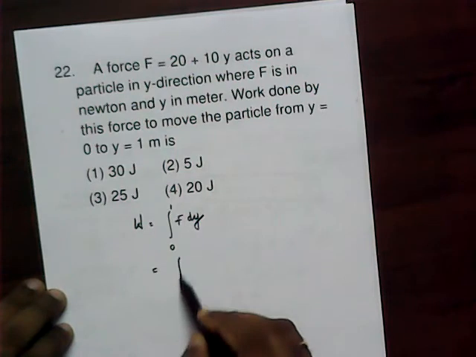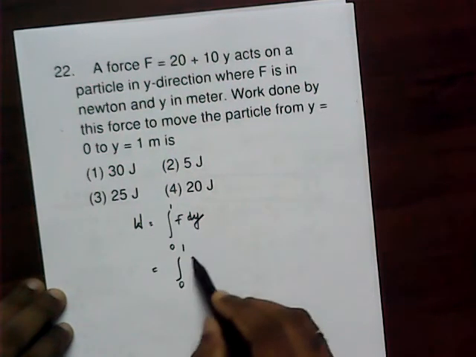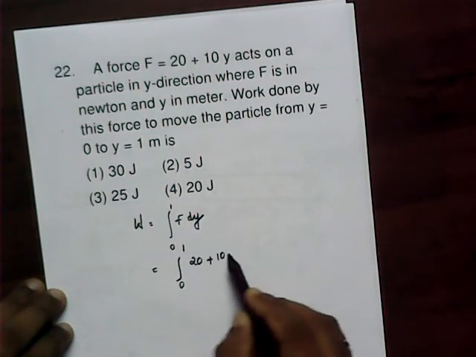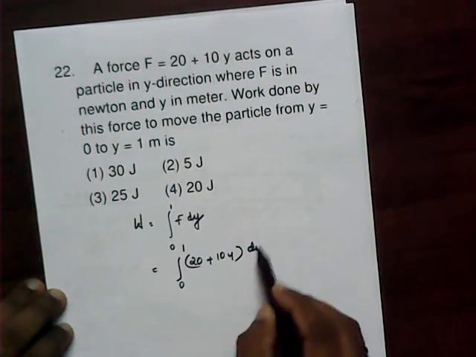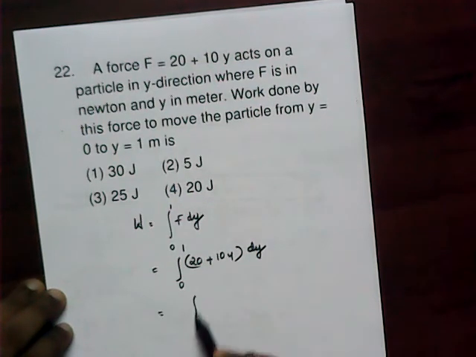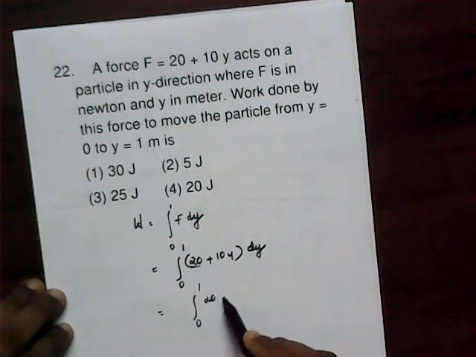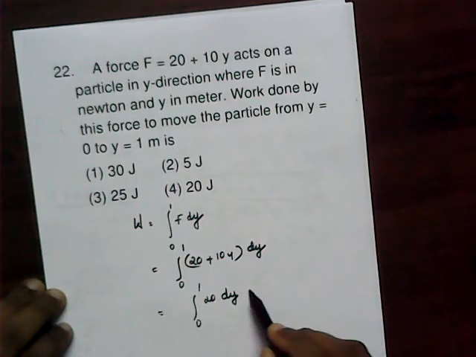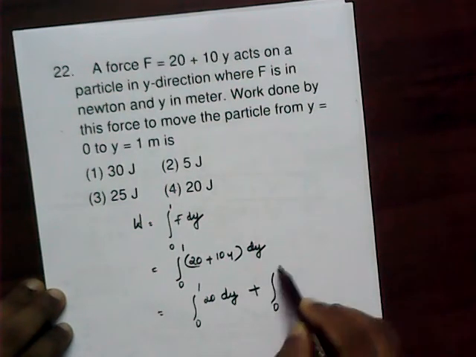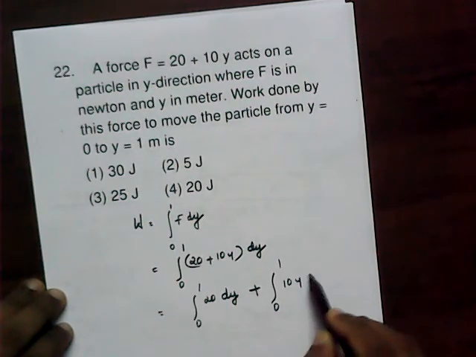So it is given as F is integral of (20 plus 10y) dy. So equal to integral 0 to 1 of 20 dy plus integral 0 to 1 of 10y dy.